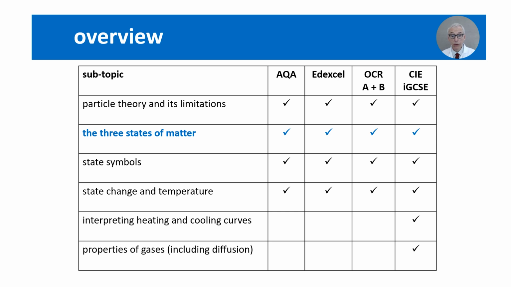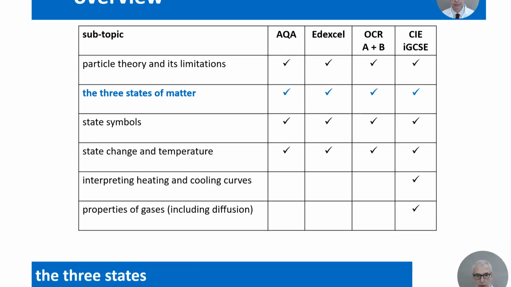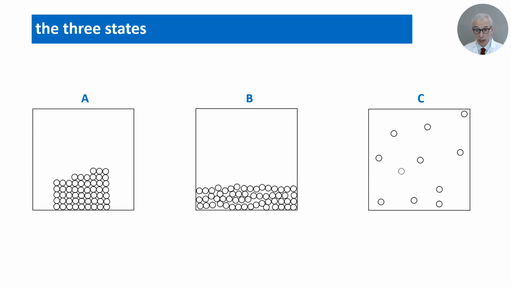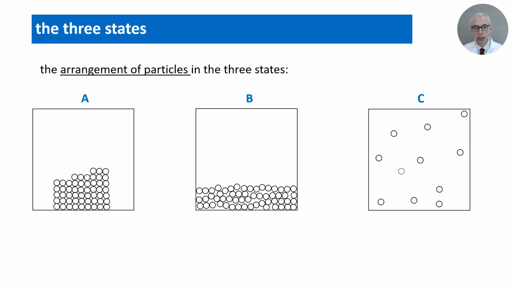So we will move on to the three states of matter. The three states of matter are, of course, solid, liquid, and gas. But let's consider firstly the arrangement of particles in those three states.